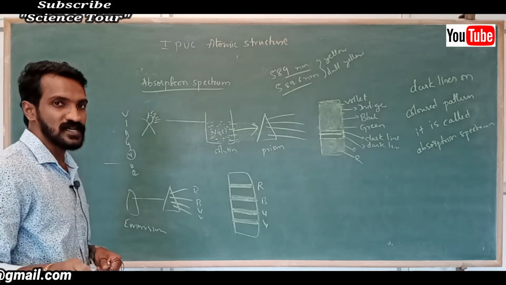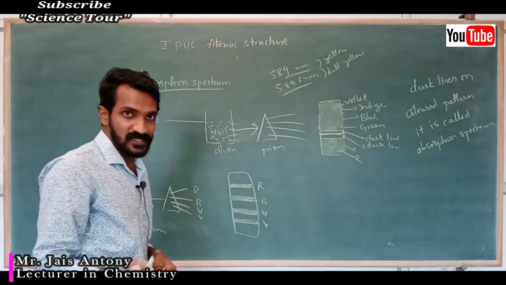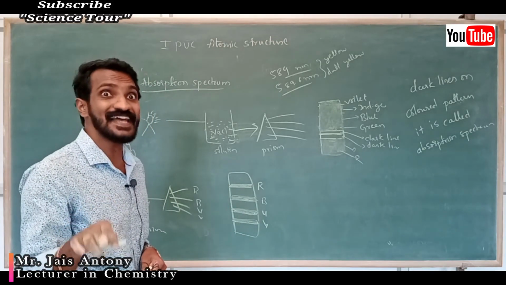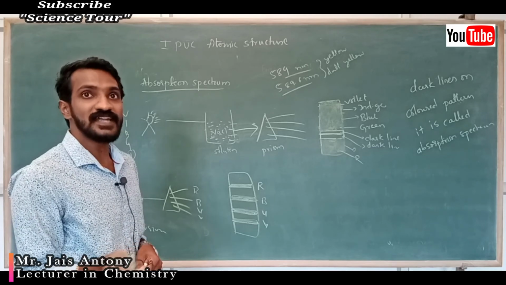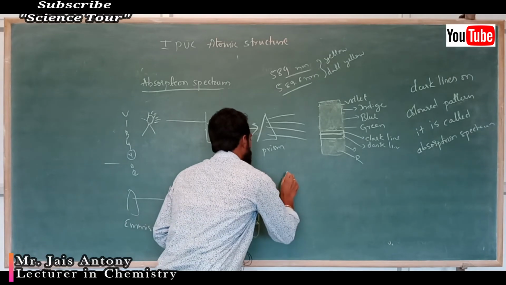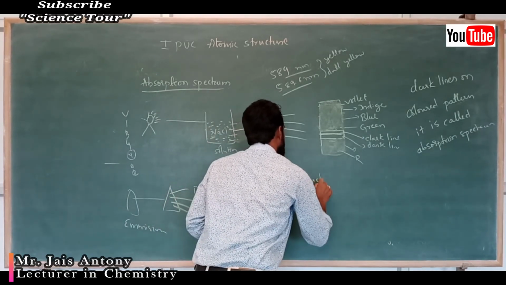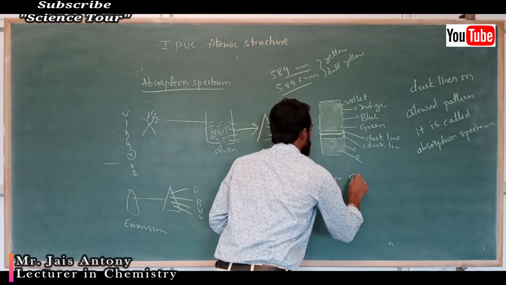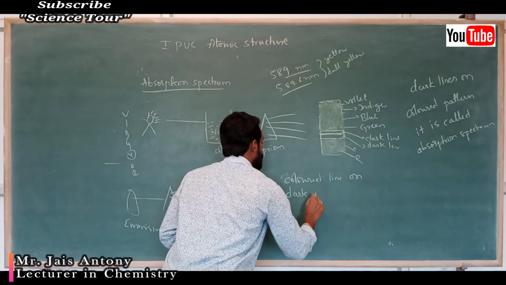Already we discussed hydrogen. Here you can see, in dark space, colored lines. In dark pattern, colored lines. It is called emission. Colored lines on dark pattern.